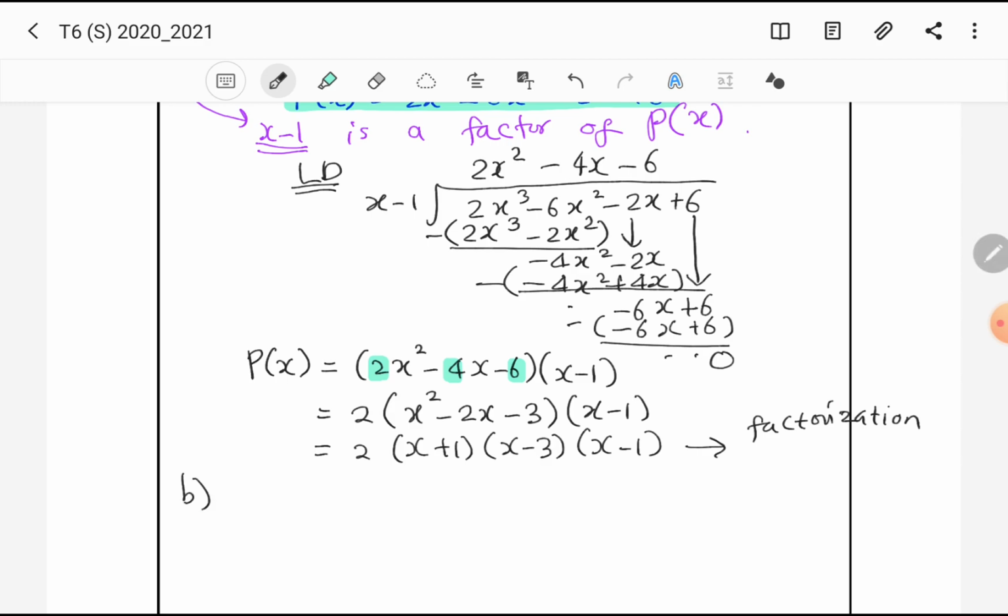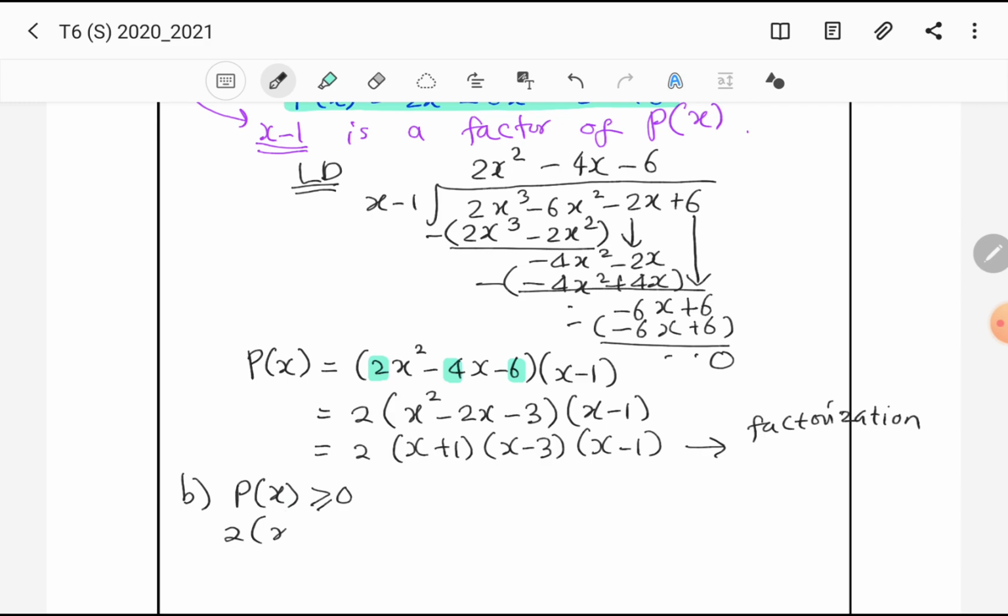Okay, part B. Okay, part B. Find the solution set. Okay, for solution set, you need to recall semula chapter 2. Good. Okay, so we have Px greater equals 0. So substitute.